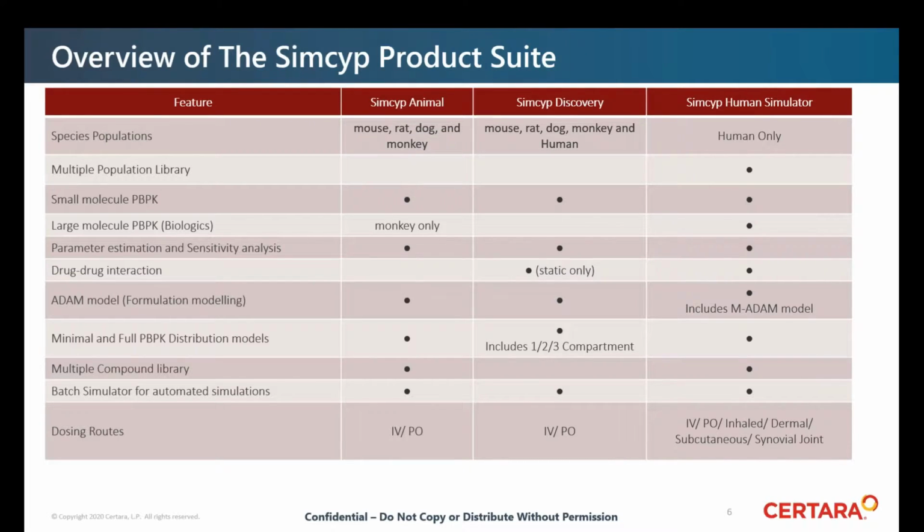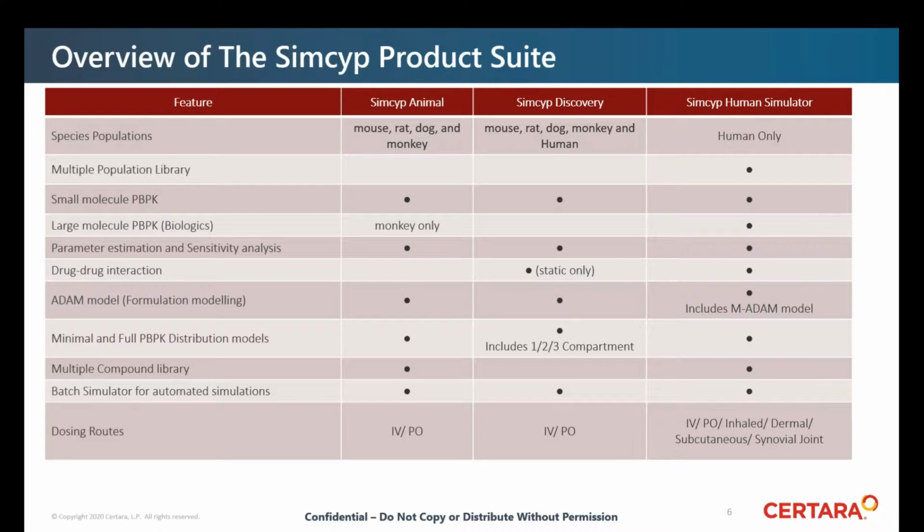We include an advanced dissolution and absorption model, a very highly mechanistic model of the GI tract, which I'll talk about here shortly. And in addition to the minimal and full PBPK model, Simcyp Discovery offers classical 1, 2, and 3 compartment distribution models. We do include a capability for processing large batches of compounds.